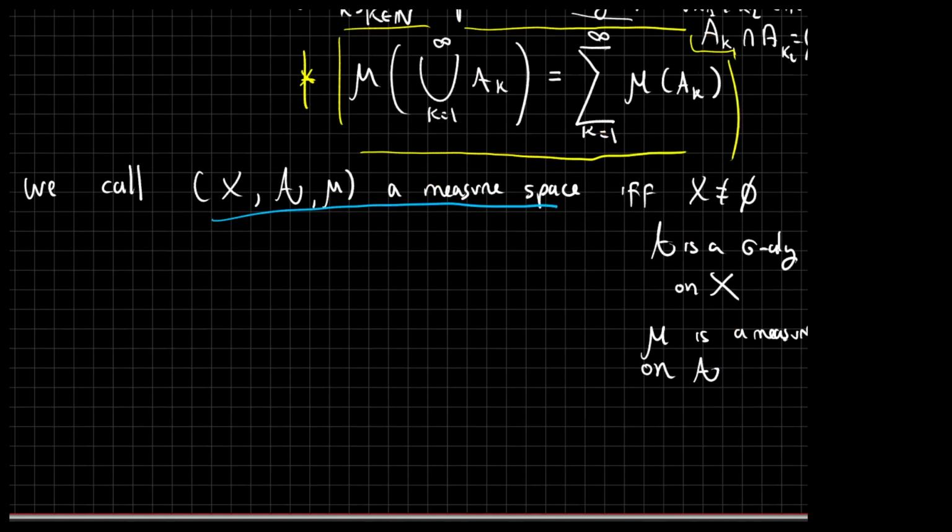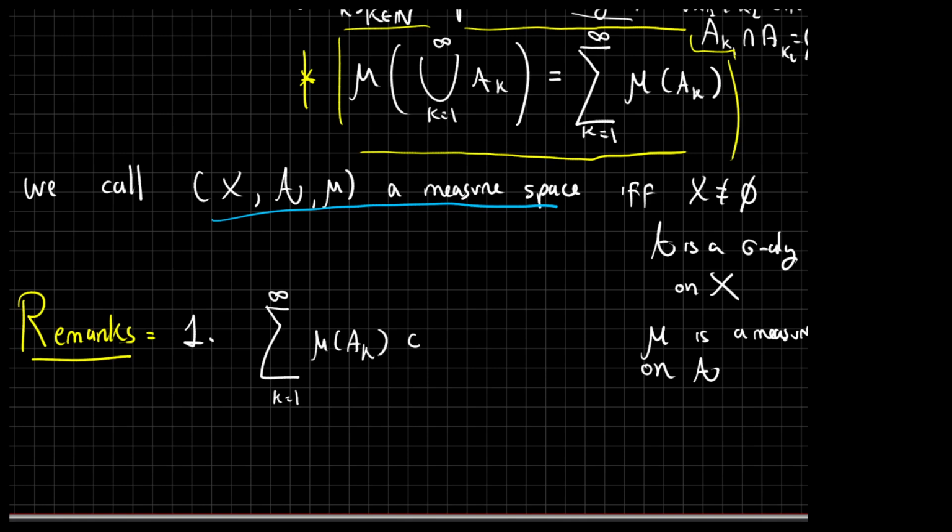So some remarks are in order. The first remark is that this sum is obviously a number that is non-negative and can be infinity. We are not saying that this series always converges.